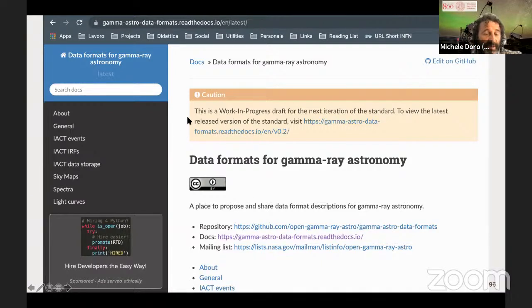I recommended you to check these web pages. This one is for data formats for gamma ray astronomy. We are trying to finally work everybody together to have a format of data that allows an analysis of all the gamma ray data independent of the instrument.